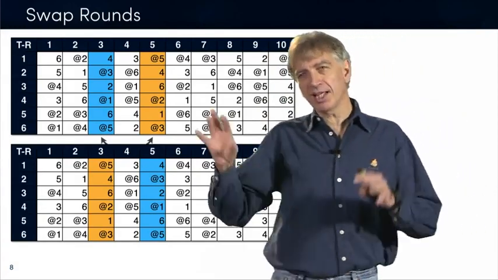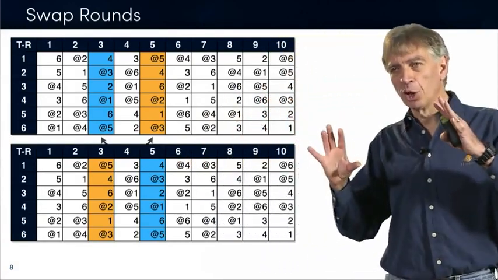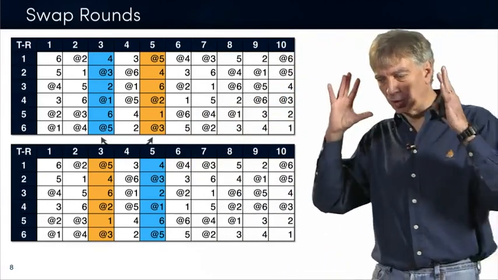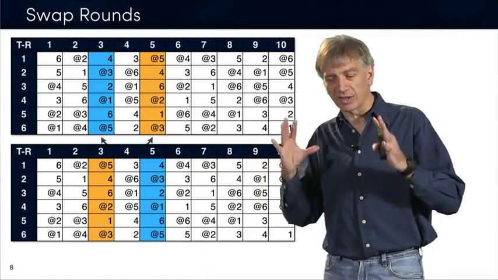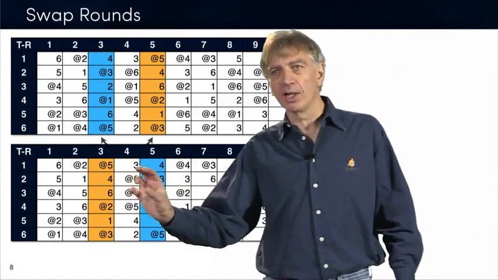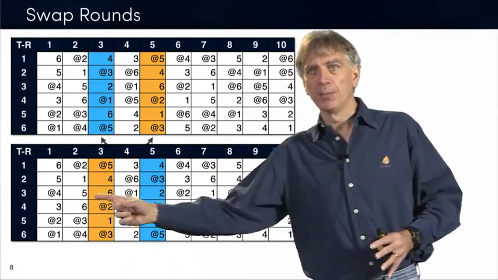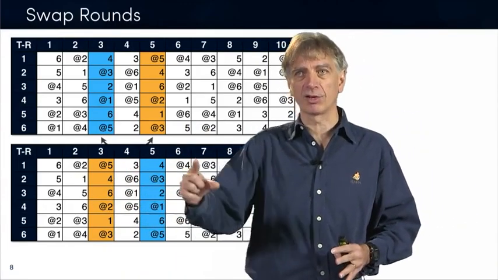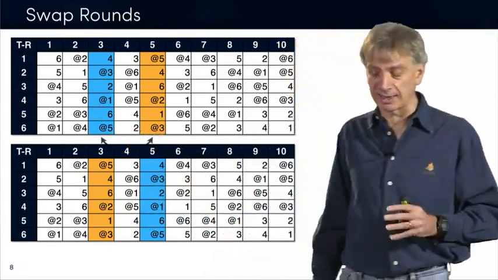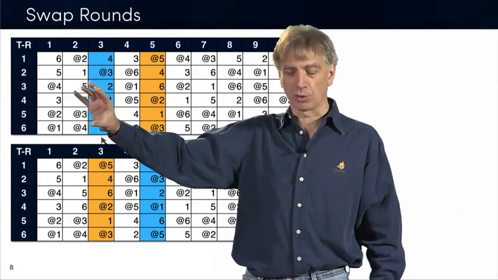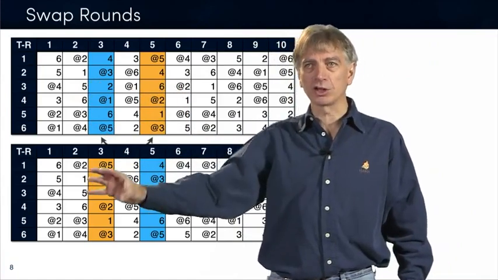When you think about this neighborhood, the moves are always going to keep the round-robin schedule satisfied at all times. What we may violate are the home-away patterns, and obviously we will change the evaluation function because every time we swap 2 rounds like this, the traveling patterns may change as well. So this is a very simple move as well. We take one particular round, we take another round, we just swap them.